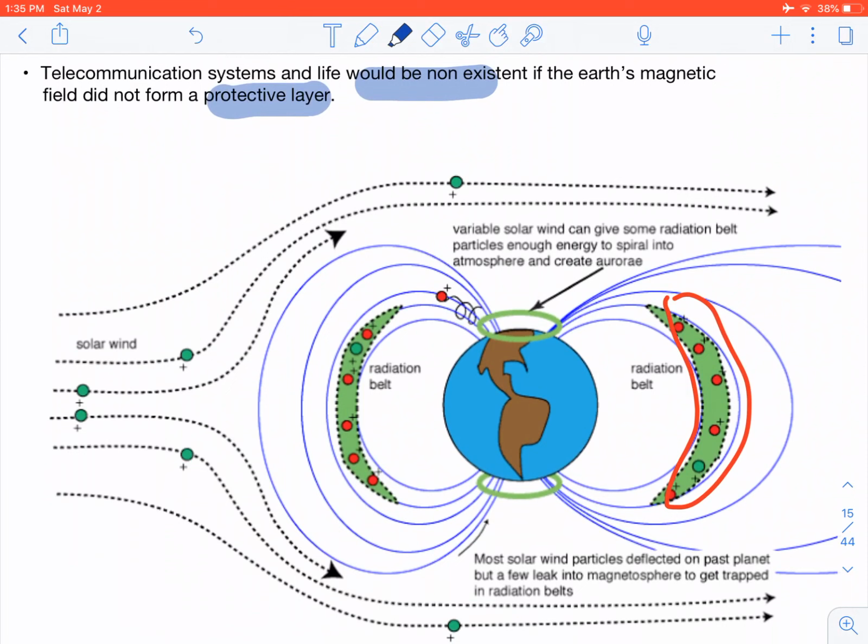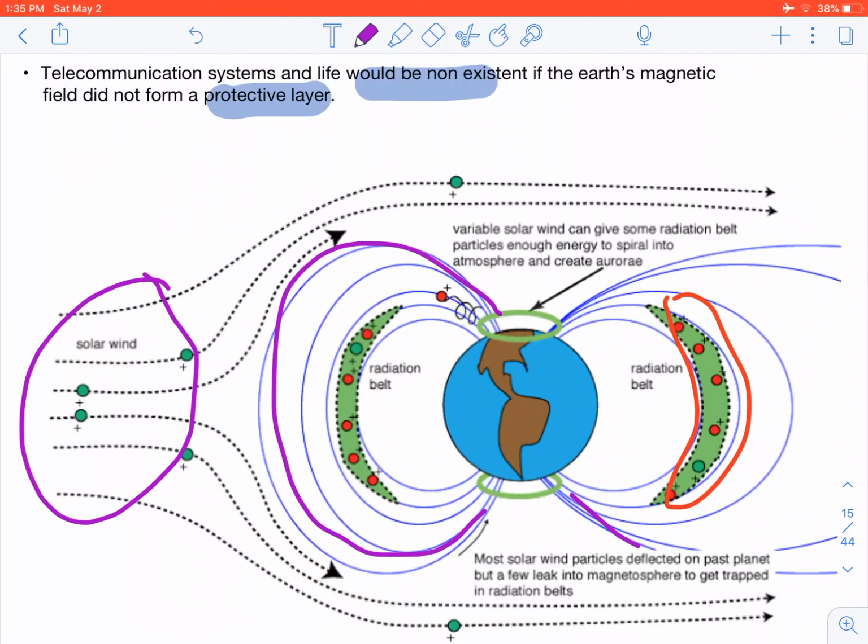Alright, now let's look at this. Here you have solar winds coming from the sun, and here you have your magnetic field. These solar winds are high energy particles that move through the air.